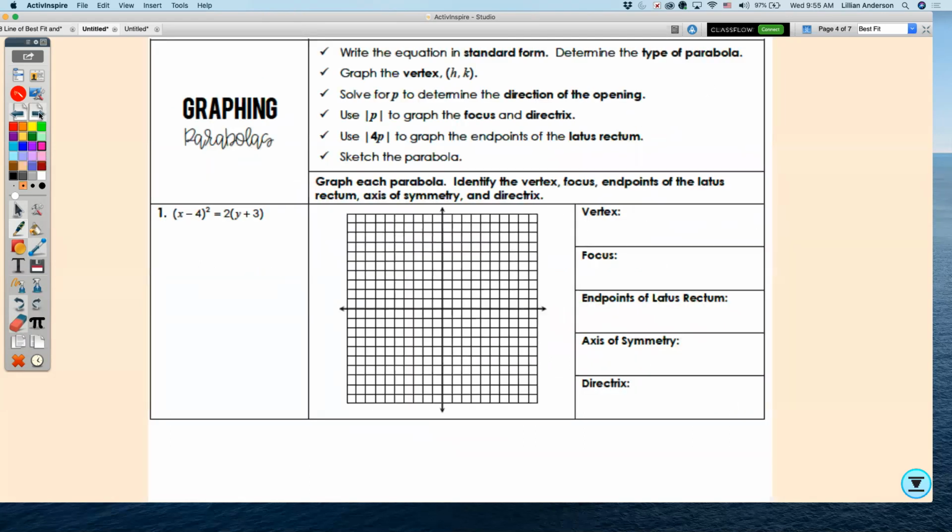Then you'll use the absolute value. So like I said, you use P to graph the focus and the directrix, and you'll use 4P to graph the endpoints of the latus rectum. Remember, that tells us how wide the parabola is going to be. Once we know that, we can do a quick sketch, because we'll have the vertex and 2 points that are on the parabola.